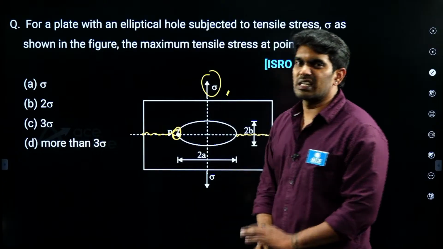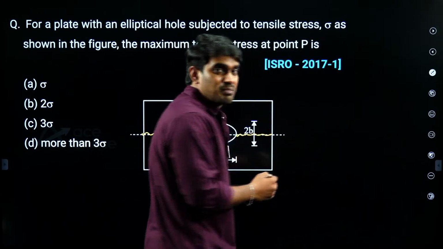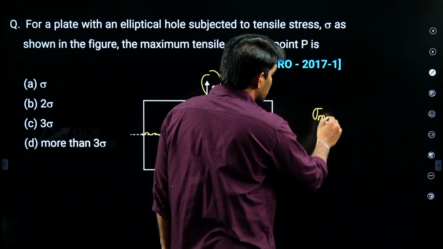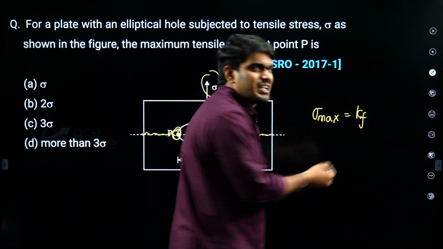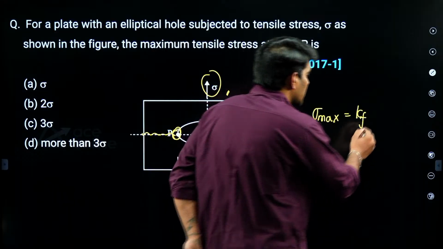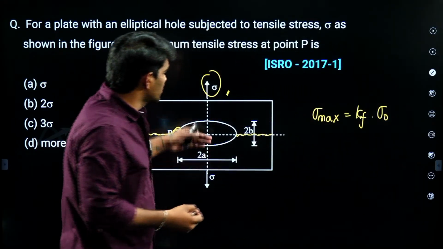Generally, we have the relation between sigma maximum and sigma naught. Sigma maximum is equal to Kf times, or Kt times, considering notch sensitivity to be equal to 1, Kf times sigma naught. Sigma naught is not the stress at the free end.